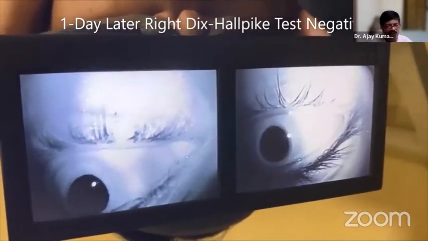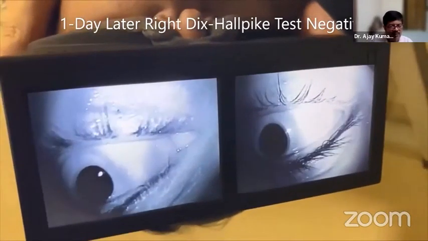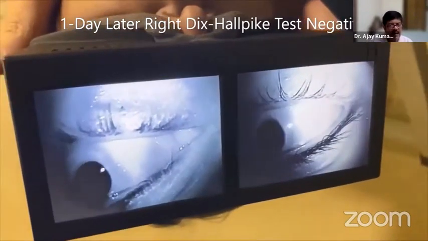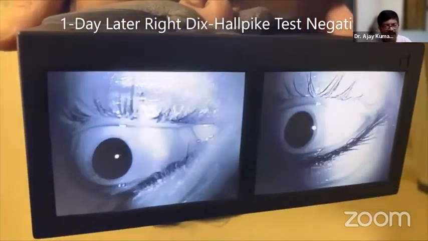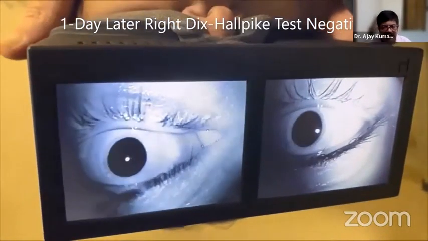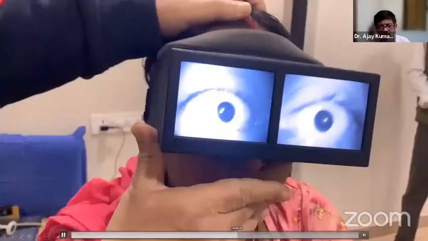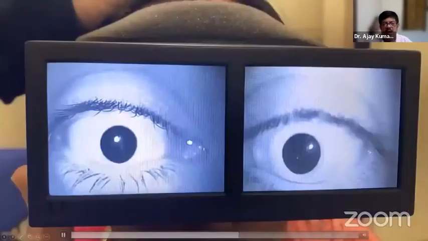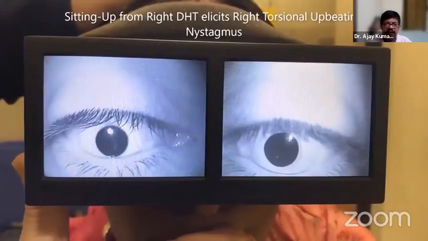But because the patient was complaining of vertigo on sitting up from the lying down position, I did an evaluation of oculomotor patterns on sitting up from the right Dix-Hallpike position, and there I got this. Upbeating right torsional nystagmus on sitting up from the right Dix-Hallpike test.